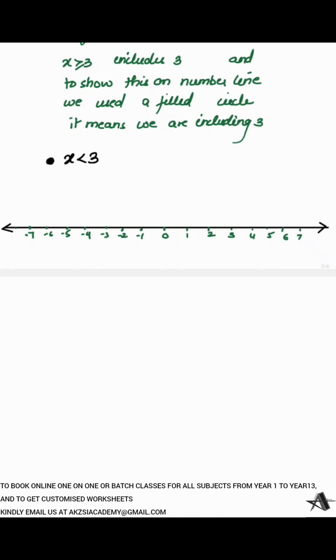So I'll draw a circle over 3, and instead of moving towards the right, which would take me to greater values, it will go towards the left. It represents all the values that are smaller than 3. There is no equals-to sign here, and that's why I'm not using a filled circle. It will be represented by an unfilled circle.